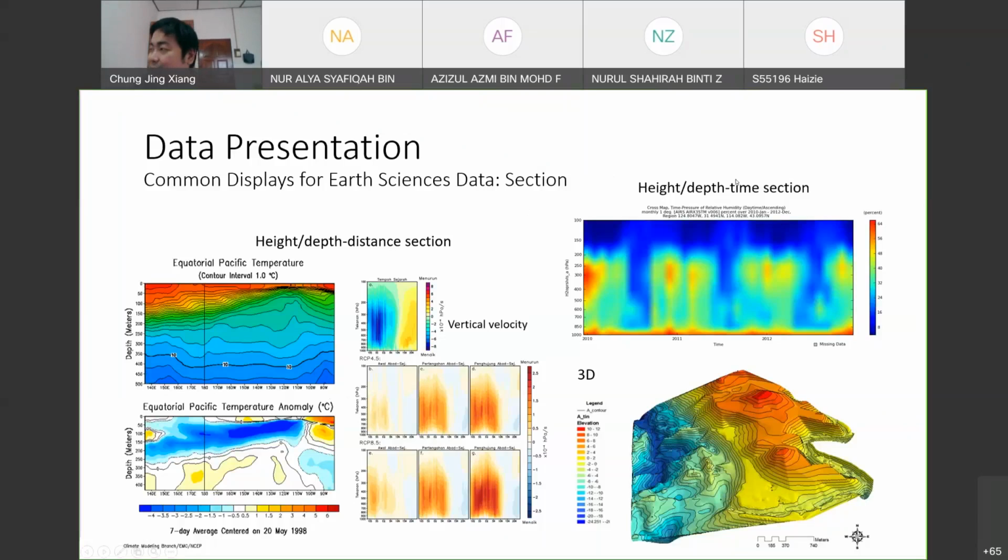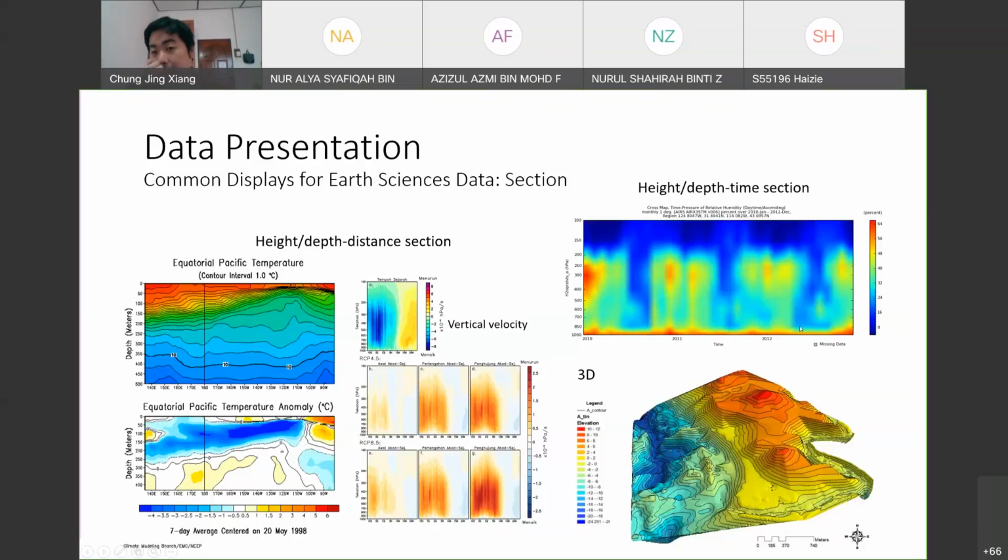Rather than having a longitude axis, you have time: 2010, 2011, 2012. You can see that during this time something goes up here, then goes down again, goes up again, goes down again. So from December to February of the next year, something is going upward, but after that something going downward.